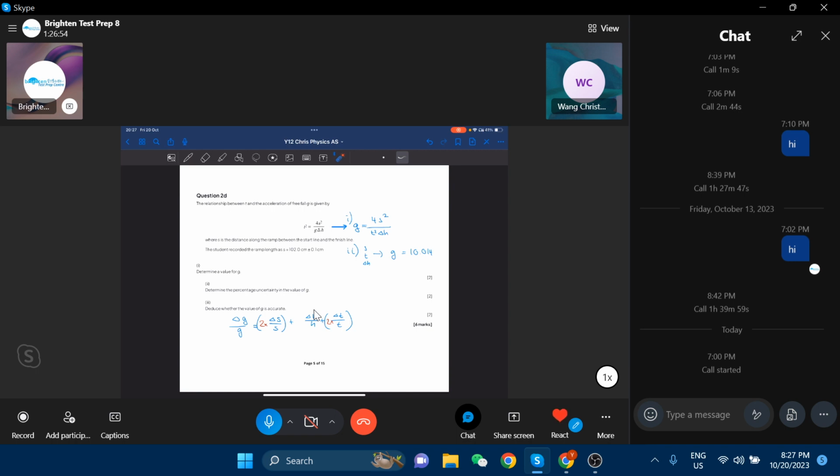So what we do is nothing else but plug in the values, and then we get the percentage. I'm not writing it down because I want to save a bit of time. That will result in 10.059%. So we can as well say 10%. That's fine as well.